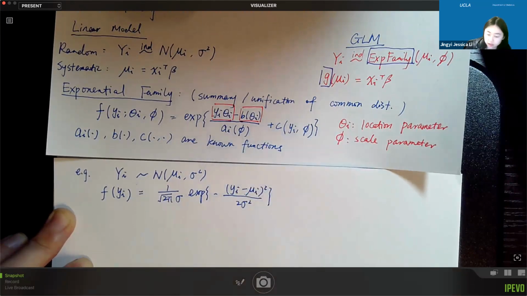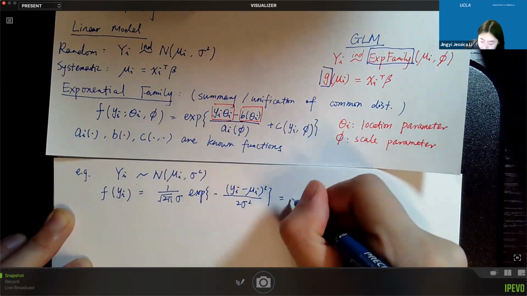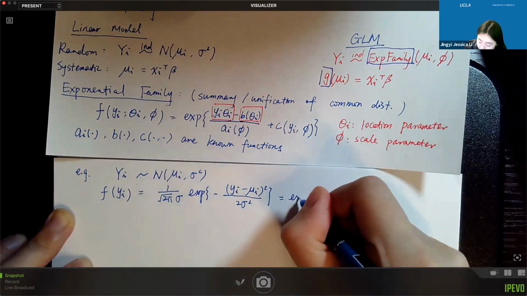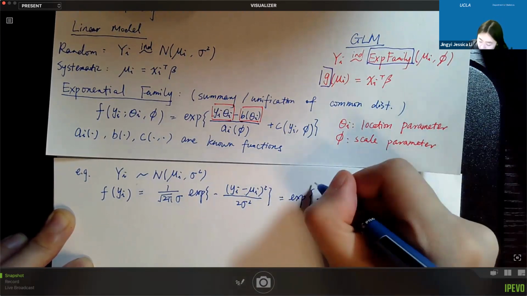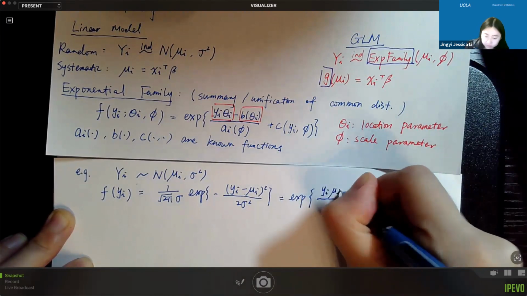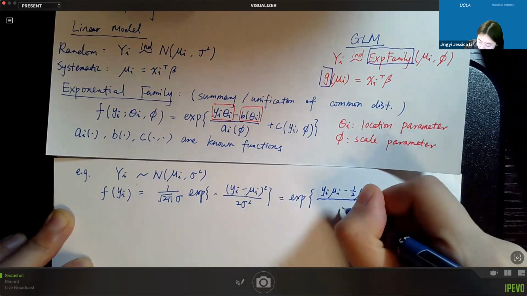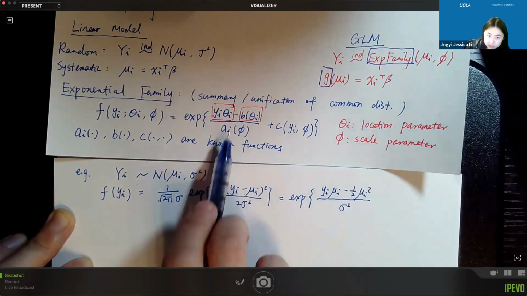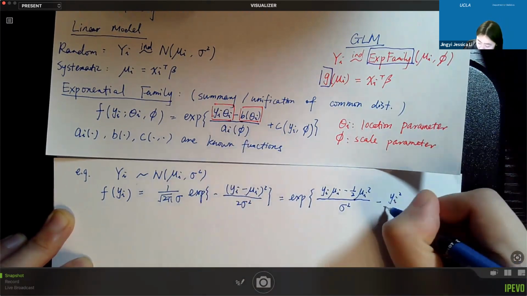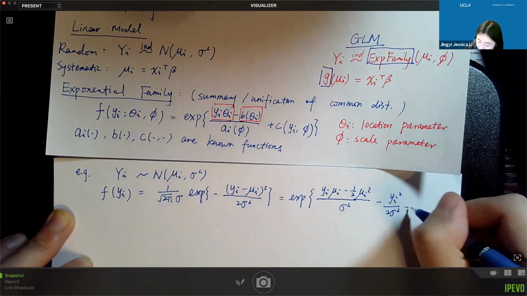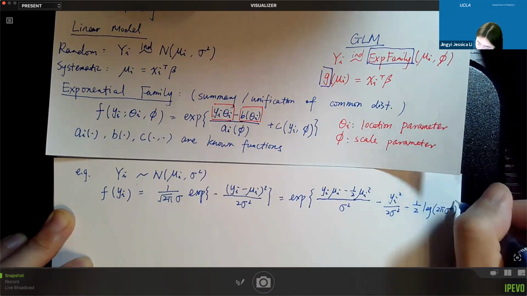That's the normal density. And if we want to write this in this form, by some transformation, we can write it as just exponential of, in the first term, yi mu i minus 1/2 mu i squared over sigma squared. So I created this term, minus yi squared over 2 sigma squared, minus 1/2 log 2 pi sigma squared.